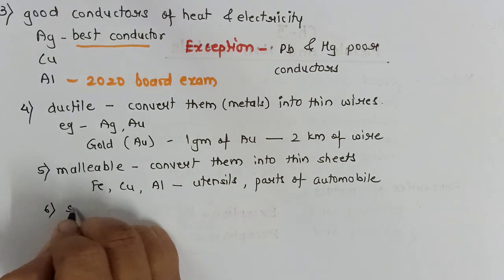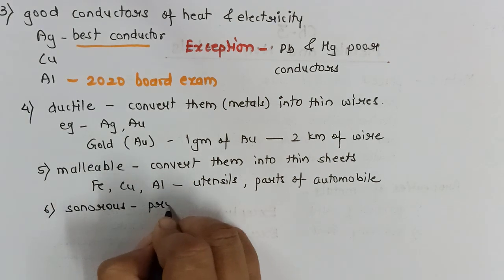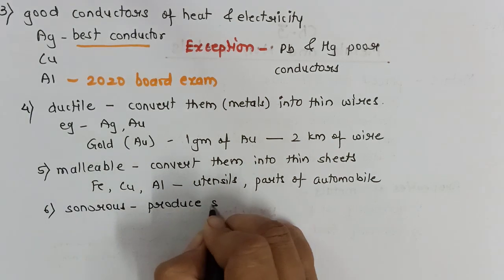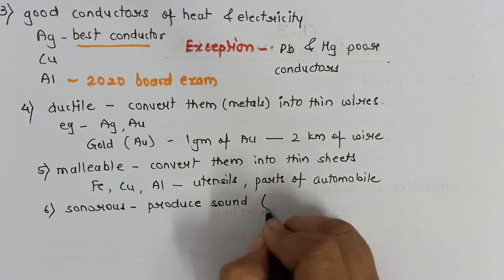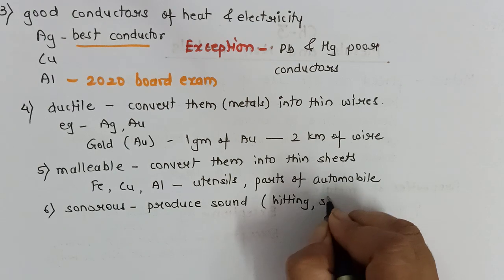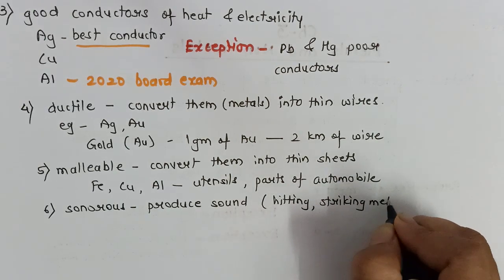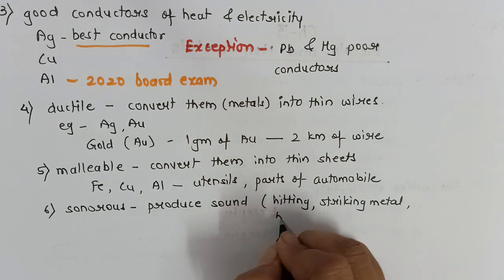Metals are sonorous. That means they produce sound. And this sound can be produced either by heating the metal, or by striking the metal, or by beating the metal.